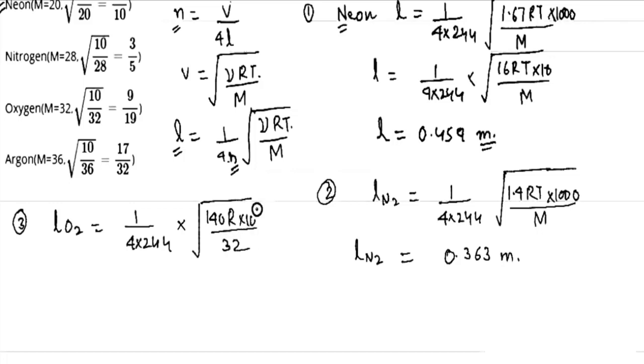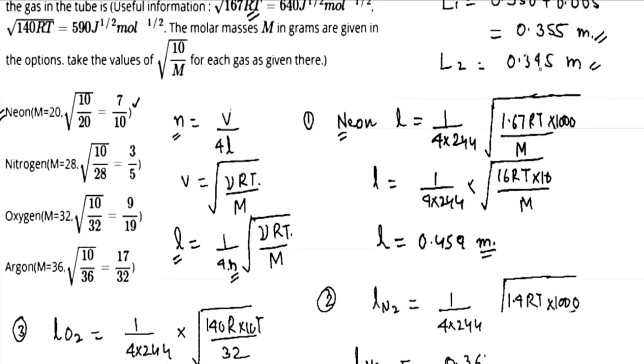So if we solve for this, we are going to get 0.340 meters. So you can see that the minimum length required for oxygen for resonance with the tuning fork of 244 Hz is 0.340, but we required the minimum length of 0.345 to 0.355.